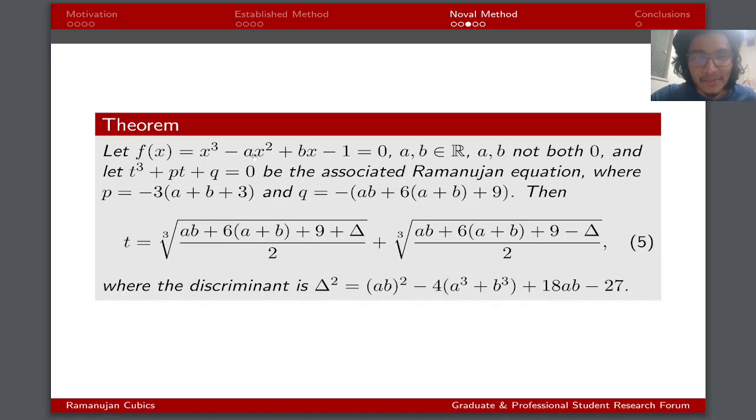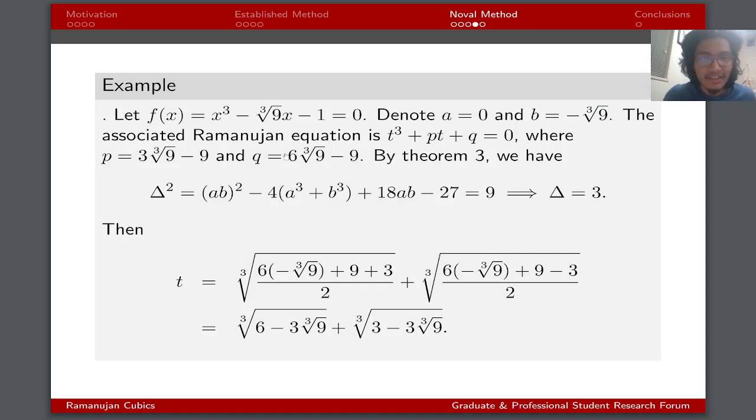This is just a and b, which is up front. So if I were to do Wong's Ramanujan type identity, we have this equation. This is what gets us this cubic, his Ramanujan type identity. Here we see that a is 0 because there's no x squared. B is negative cube root of 9 because that's the number right here.